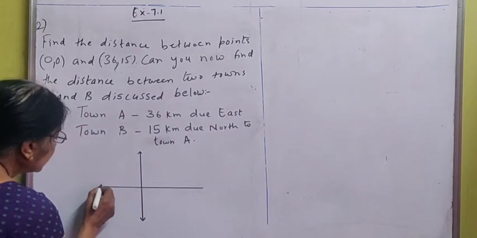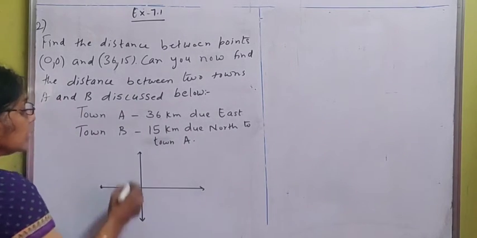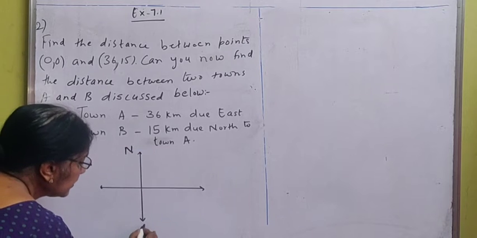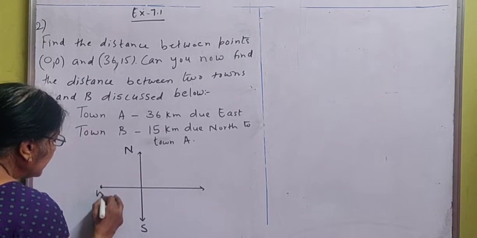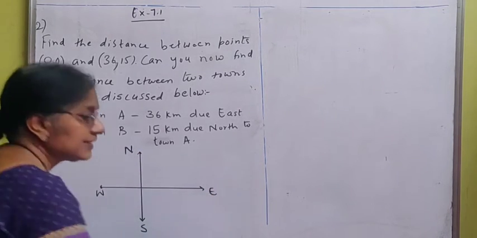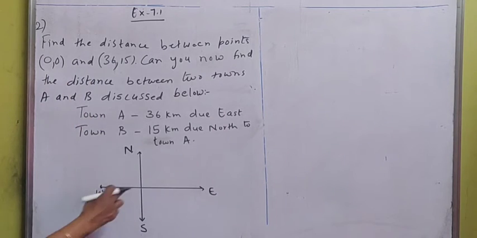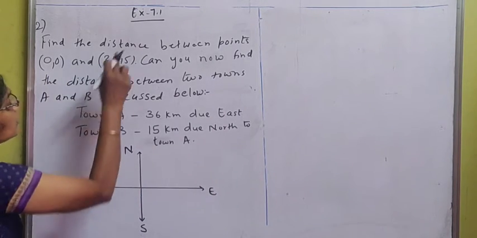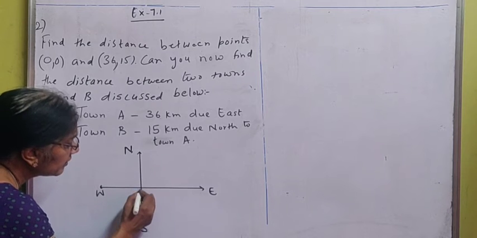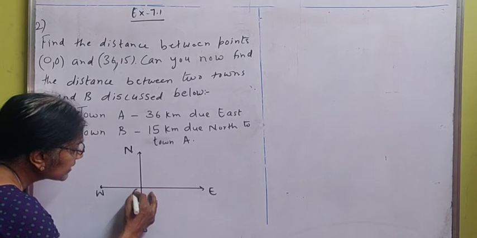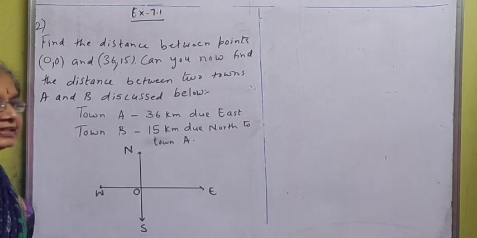So this is the direction. North is there, south is there, west is there and east is there. So we got the origin. So 0, 0 means from the origin. Okay, so this is O, we will take it as.